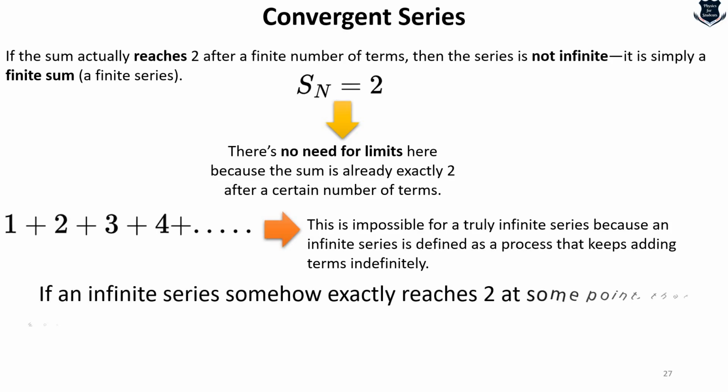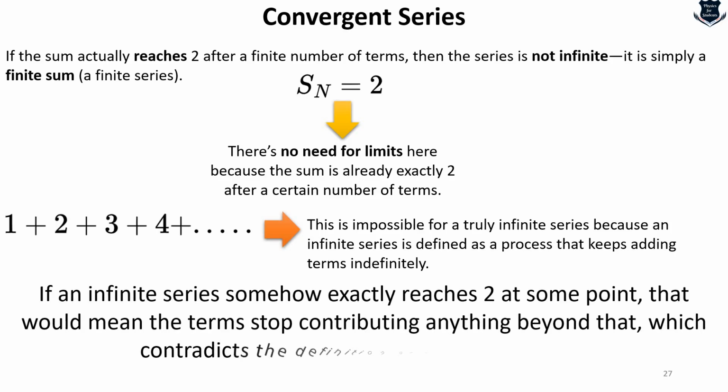If an infinite series somehow actually reaches 2, which we were thinking hypothetically, that would mean the terms stop contributing anything beyond that, which contradicts our definition of an infinite series. So it is never going to happen, and if it happens, it is not the convergent series we are trying to understand.